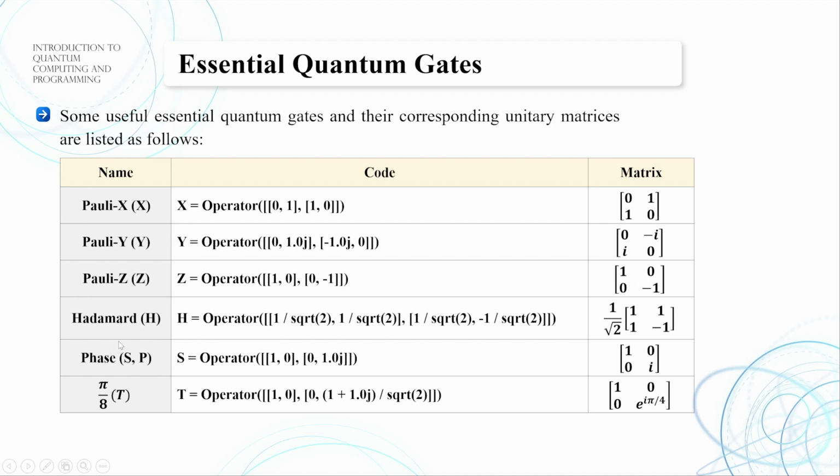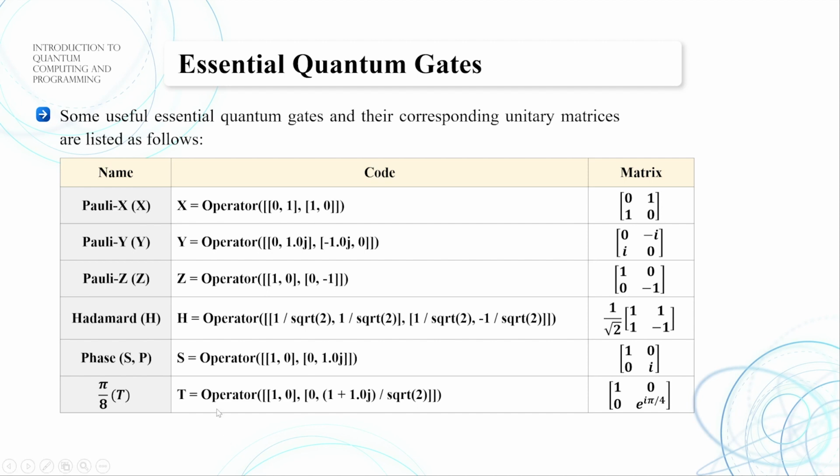One quantum gate that is very common, and you often see, is called the Hadamard gate, with the symbol H. The next one is less common, called the phase gate S. It equals the operator with 0 and 1, and includes an imaginary part.